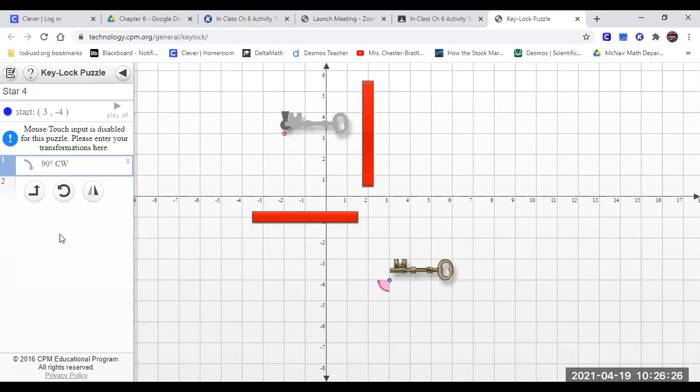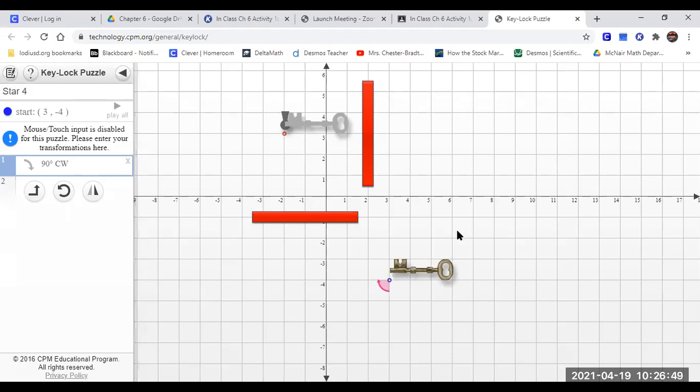So what do we want to do? We want to go up by 10. So we want to move this key way up here. Or do we want to slide this key over and up?